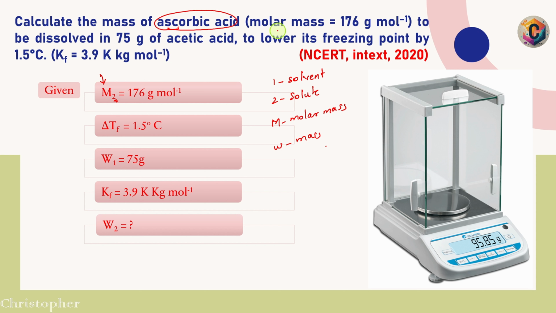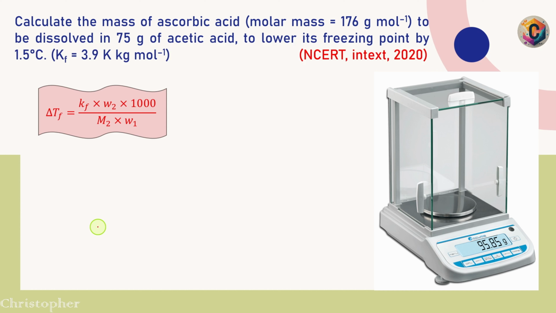This ascorbic acid's molar mass is given, so you can write this data, 176 gram per mole. And delta Tf is nothing but the depression in freezing point. Again, W is mass, 1 represents solvent, so the mass of solvent is 75 gram. And Kf is the cryoscopic constant. You have been asked to calculate the mass of ascorbic acid.